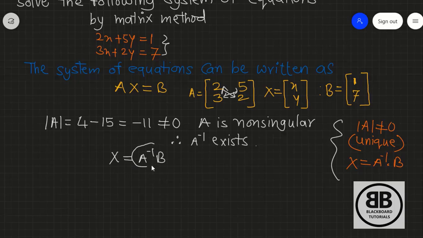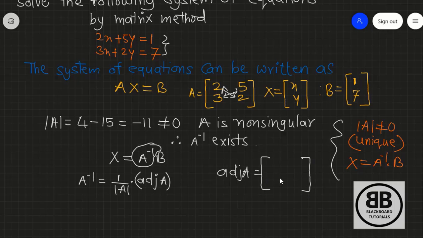So here we need to find the inverse of the coefficient matrix. How to find the inverse? A inverse is equal to 1 upon determinant of A into adjoint of A. We have a 2 by 2 matrix, so how do we find the adjoint of a 2 by 2 matrix?